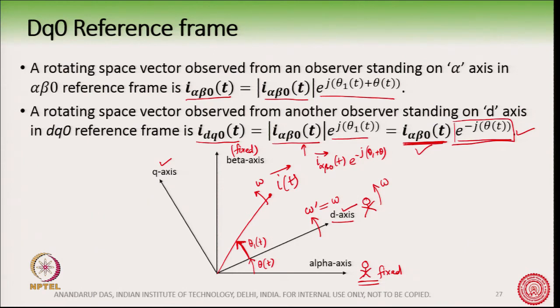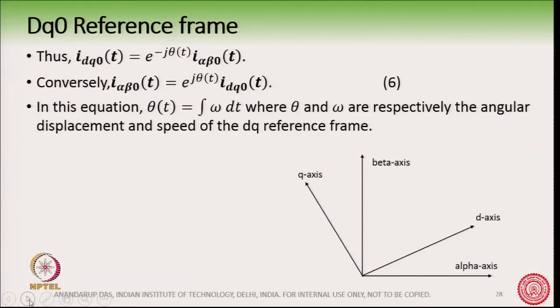Then I can transfer this same reference vector from one reference frame to the other. For example, I dq0 t is e to the power minus j theta t times I alpha beta, and conversely I alpha beta 0 is e to the power j theta I dq0.